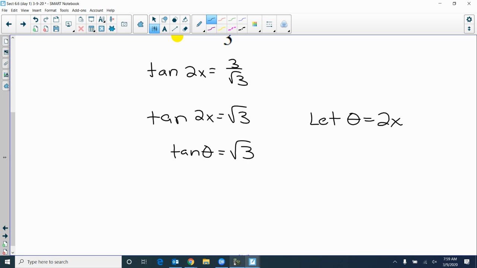All right, take a second and see if you can figure out what those angles are. Now it's positive, so it's going to be in quadrant 1 and quadrant 3.